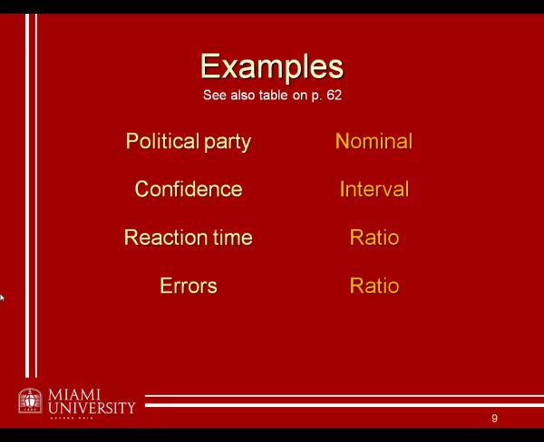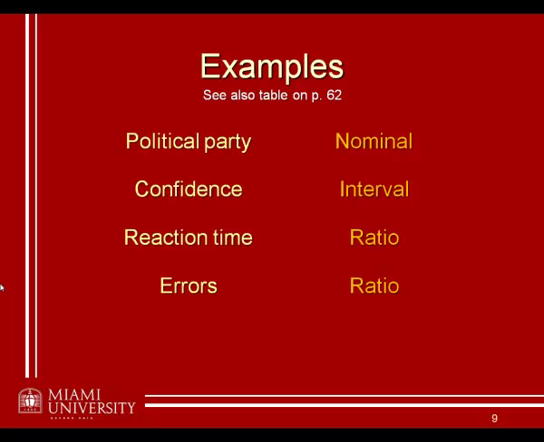Somebody who made 8 errors made 2 more than somebody with 6, twice as many as somebody who made 4, half as many as somebody who made 16, and so forth and so on. And 0 really does mean 0 on this scale. Somebody who made 0 errors had a true absence of mistakes or error on this task.